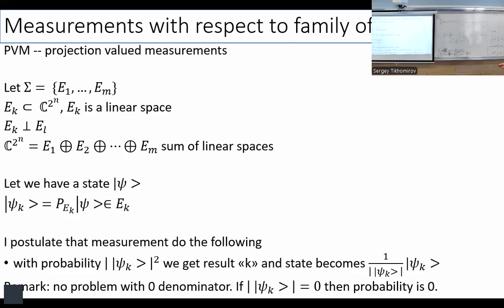With probability the square of the norm of psi k, we will get a result k. So in our classical world, we get the number k. And the state becomes psi k, multiplied by a certain coefficient so that it has norm 1, because psi k doesn't have norm 1.